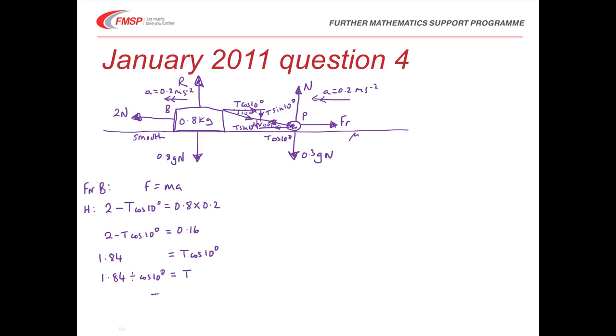And that gives me a value for T of 1.86838496. Well, I can't write all of that down, but I'll write 1.87 newtons to 3 significant figures, and I'll store the exact value. Okay then, that's that part done.